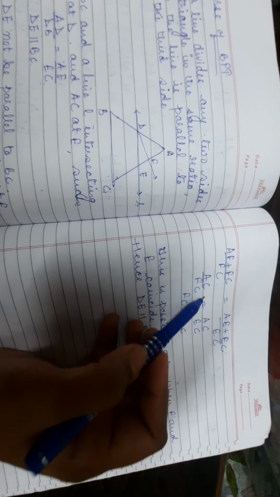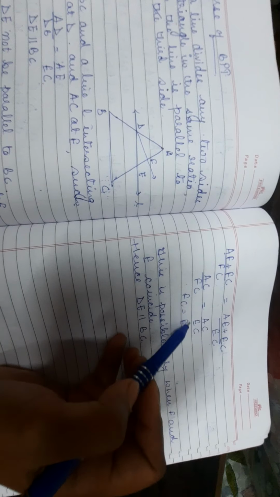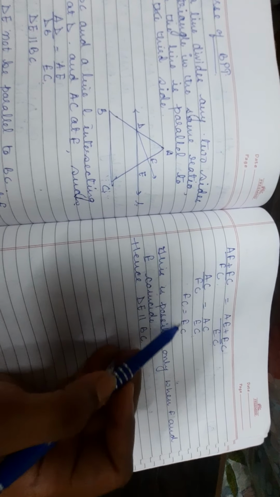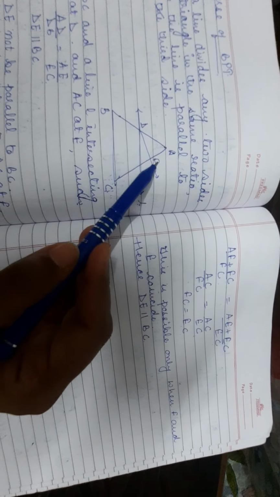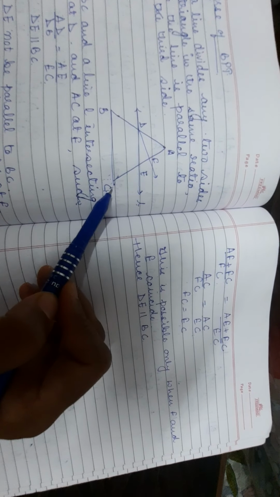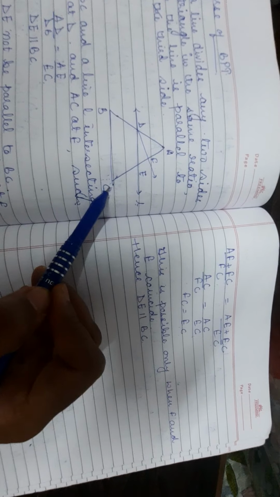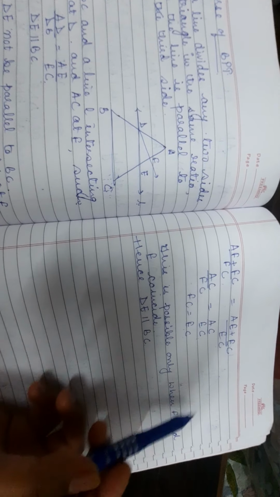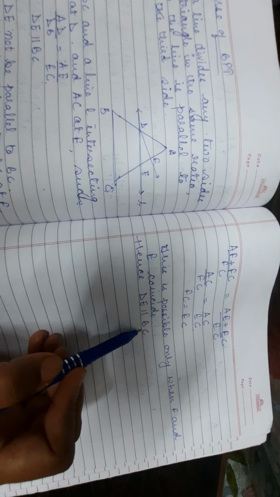So AC upon FC is equal to AC upon EC, so we can write FC is equal to EC. It means that FC and EC both are equal. If both of them are equal, it means that point F coincides with point E, and hence DE is parallel to BC.